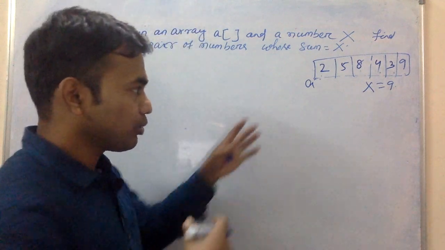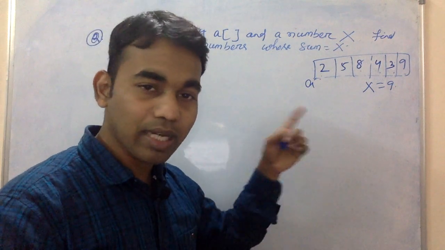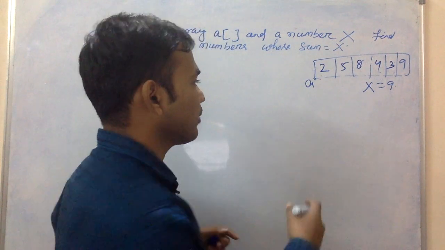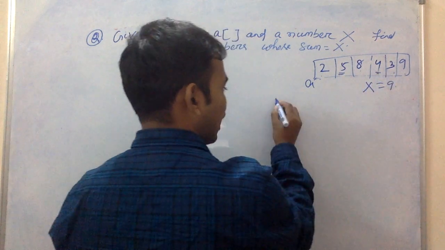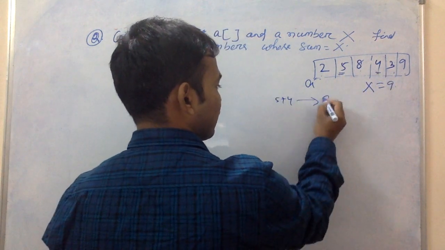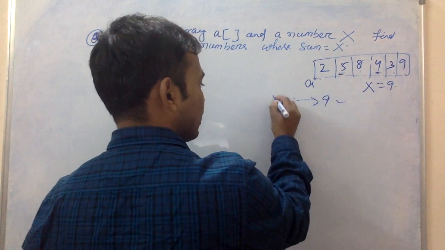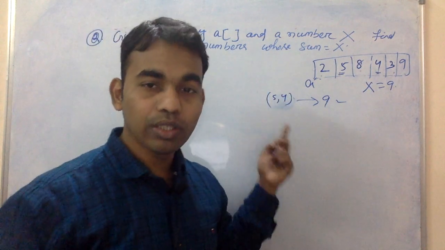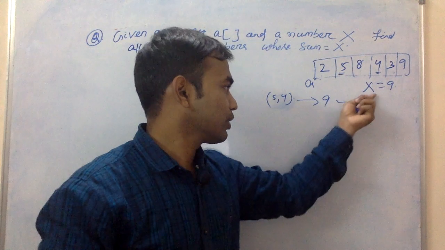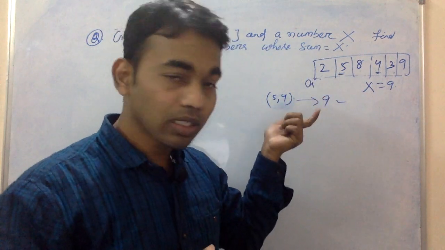So tell me, what are the pairs of numbers available in this array whose sum is 9? I can see 5 and 4, 5 plus 4 equal to 9, right? So the solution of this program should be 5 and 4. Is there any other pair whose sum is 9?